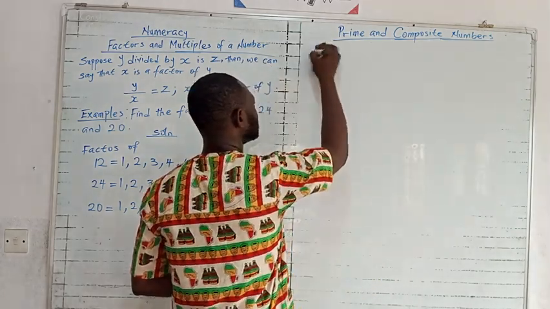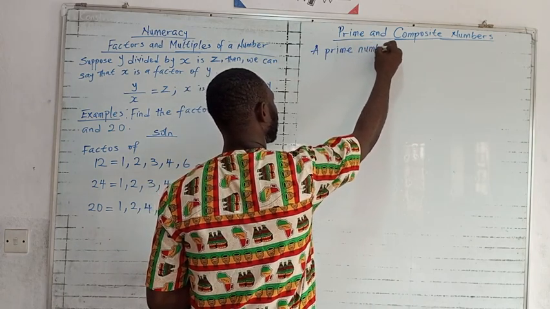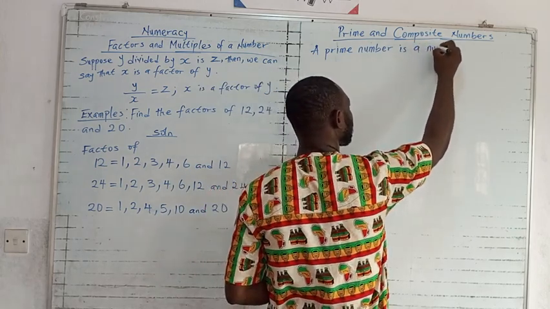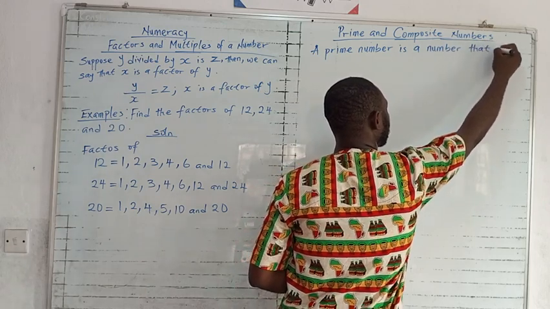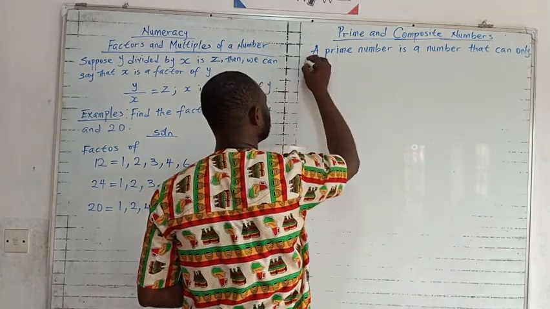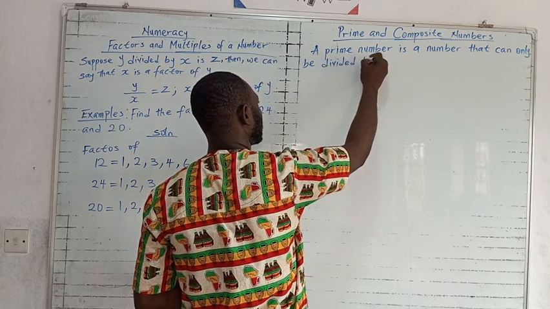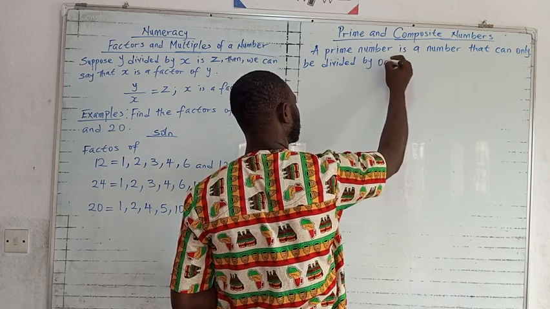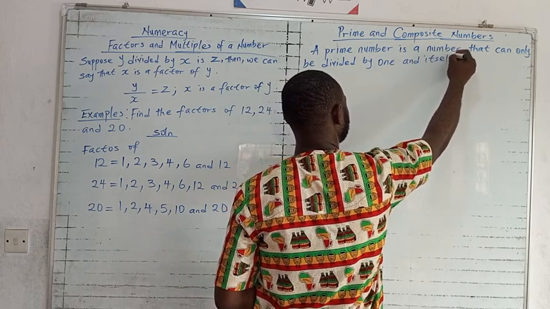So I can say here that a prime number is a number that can only be divided by 1 and itself.